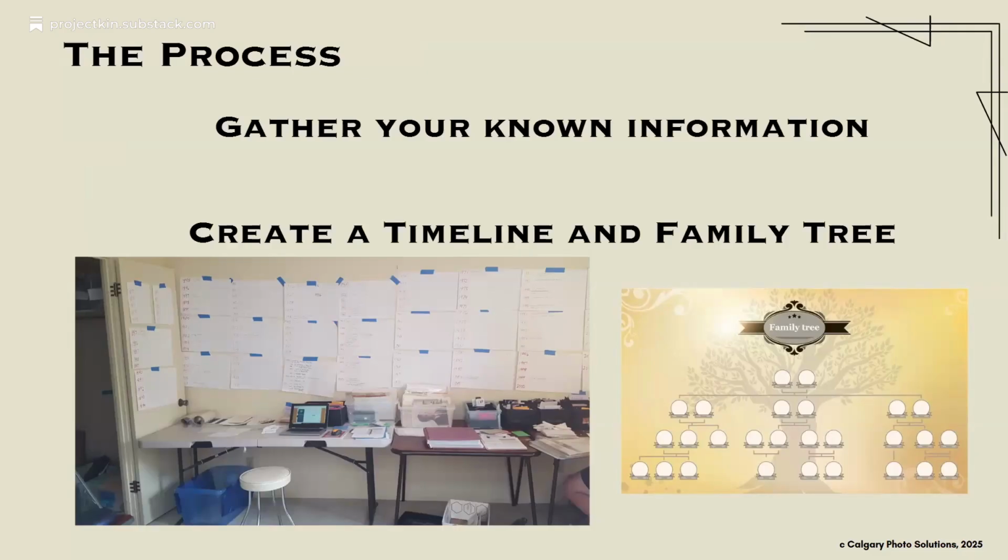But I showed this picture last time, and that was a portion of the timeline we created in our work area for my client that the collection spans many decades. In fact, it spans 1800s, 1900s, and the 2000s, so several decades. And we developed this over time because I kept forgetting. I'd write notes on things, but I kept forgetting.